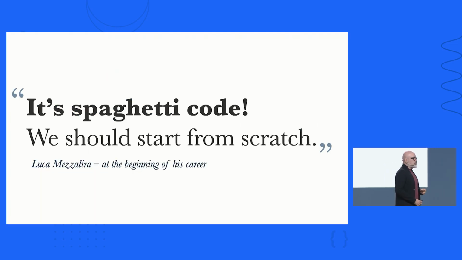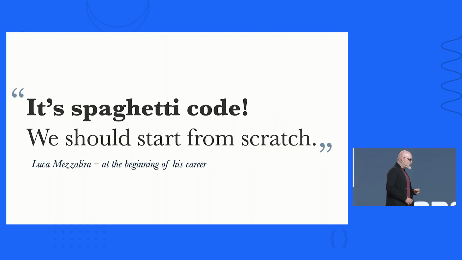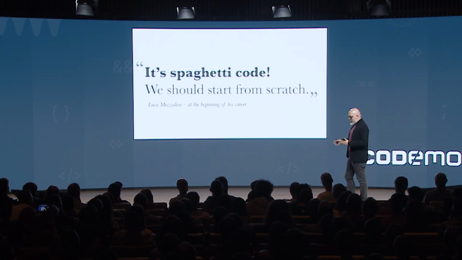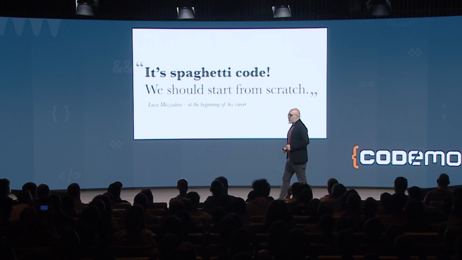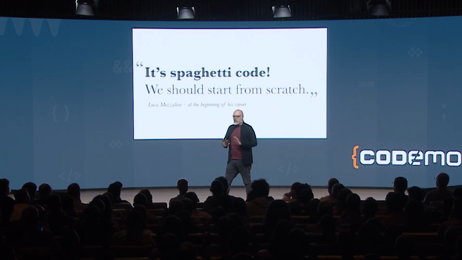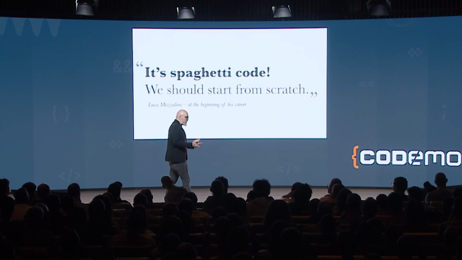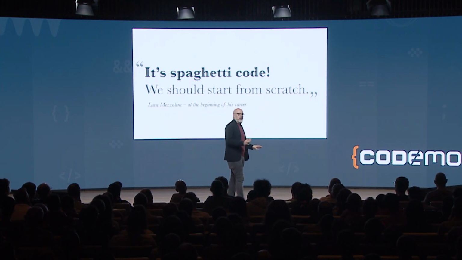So this is me at the beginning of my career. After 6 months on a project, I was talking with my colleagues and with my manager. Oh, sorry, this is spaghetti code. But we cannot go ahead. We need to start again because there is too much overhead. It's complicated. I cannot add a new feature, and so on. But then, 20 years later, I have a different idea of this.